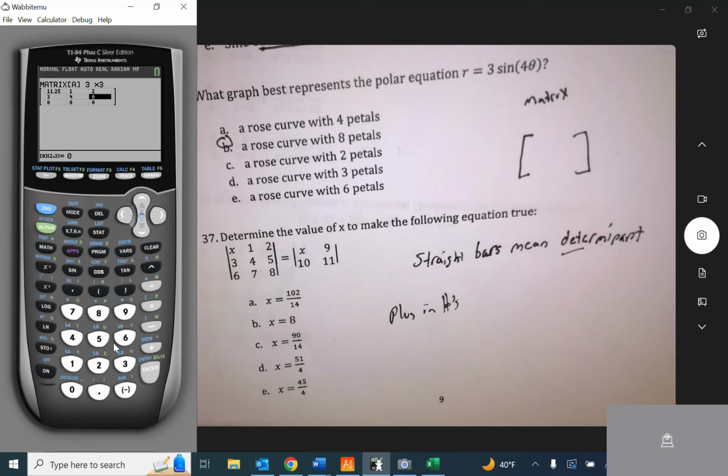Just trying to speed these videos up a little bit. There's also matrix B. It's a 2 by 2. And again, I let the x be 45 over 4.